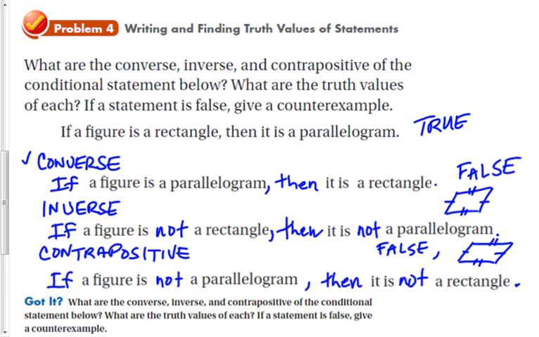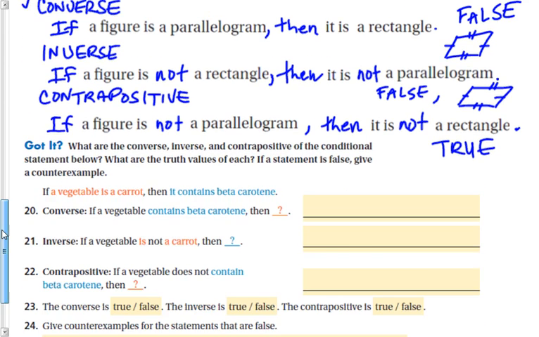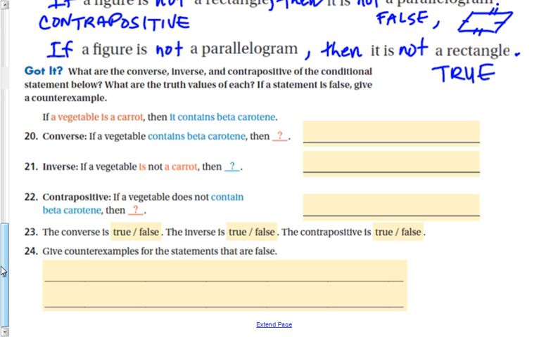So the last statement, if the figure is not a parallelogram, then it is not a rectangle. That's true because if it's not a parallelogram, then that means it doesn't have opposite sides that are congruent. And if that's not true, then it can't be a rectangle. So the last statement is true. All right, so you try and write some of those and see if you can figure out whether they're true or false.